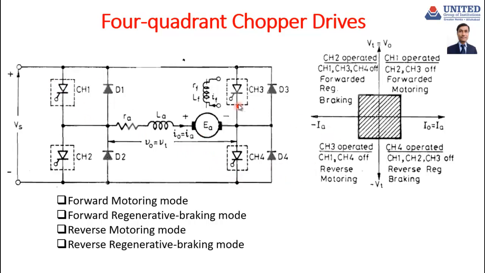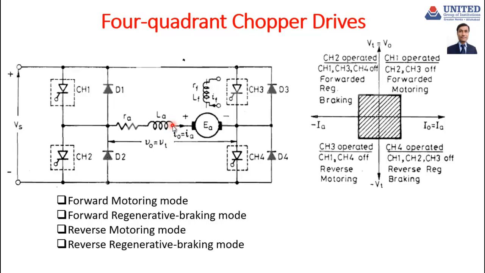When the switches CH3 and CH2 are turned on, then armature current increases, but it flows in reverse direction.